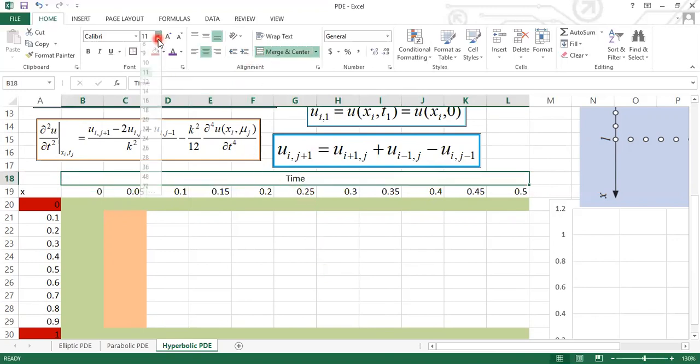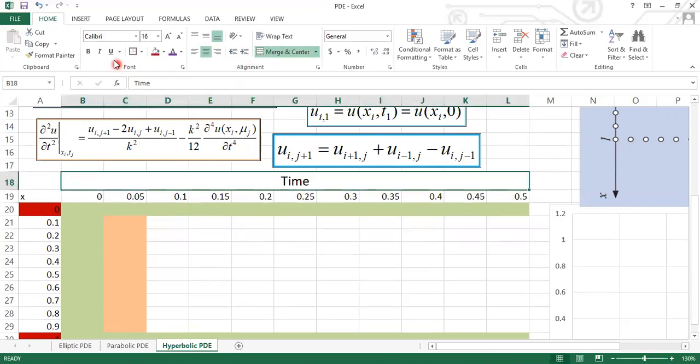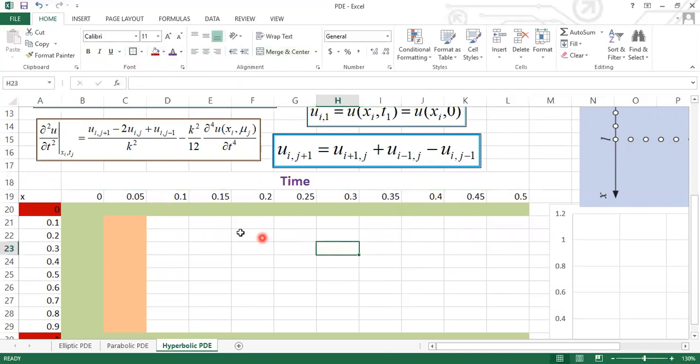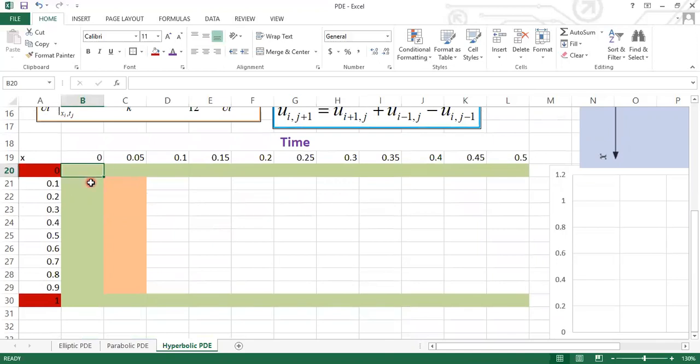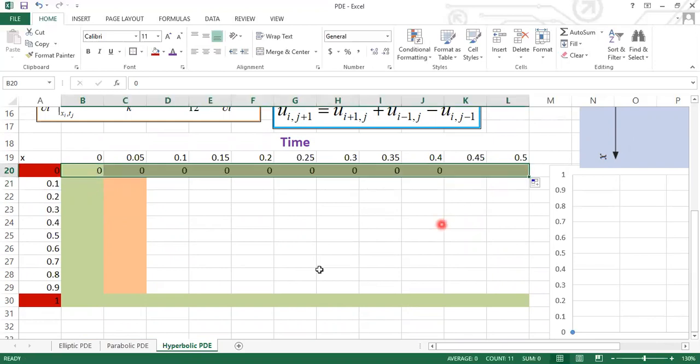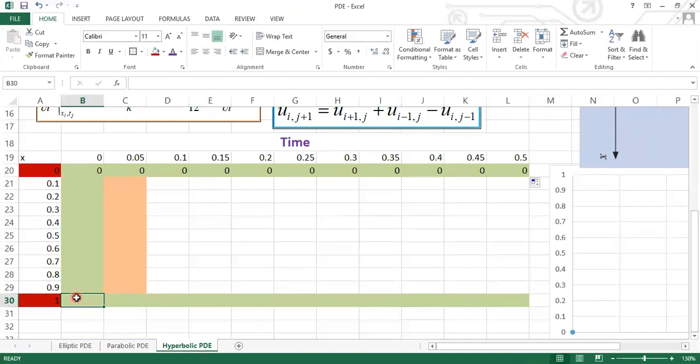I hope it is now more apparent. At t equal to 0, we have all the values 0. And for all times at the second edge, the position u is fixed.